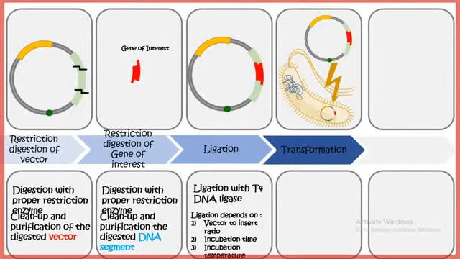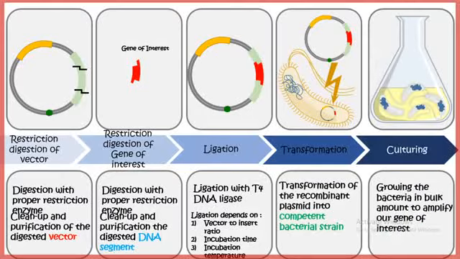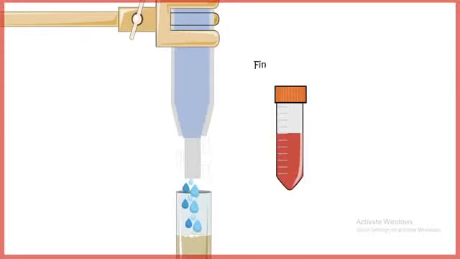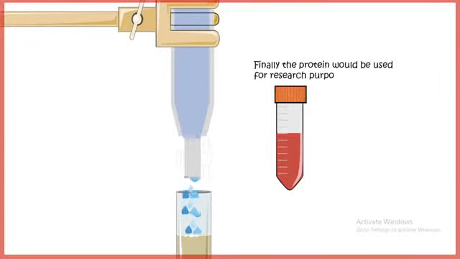This plasmid would express its product inside the bacteria, and you would grow the bacteria. As the bacteria grows, the product also grows inside the bacteria. Later on, using column chromatography and other chromatographic tools, you would purify that protein, and finally that protein is with you and it would be enough for your work.